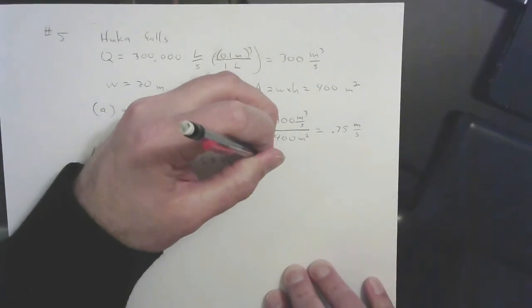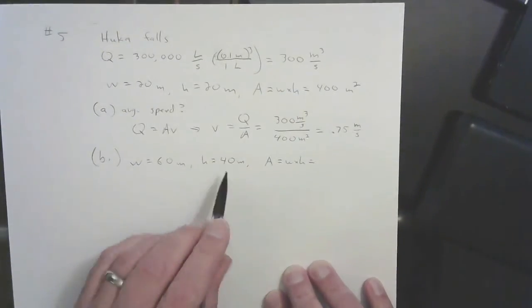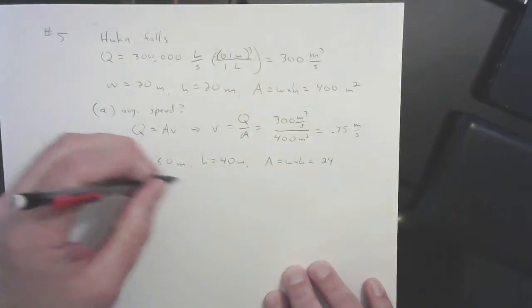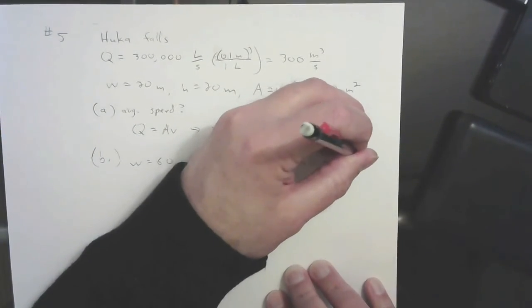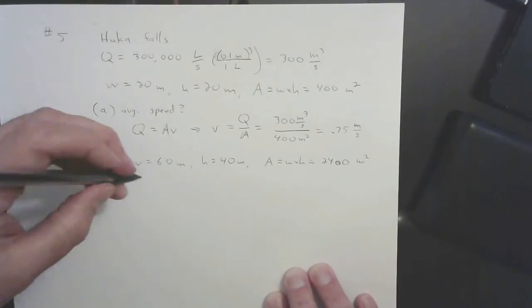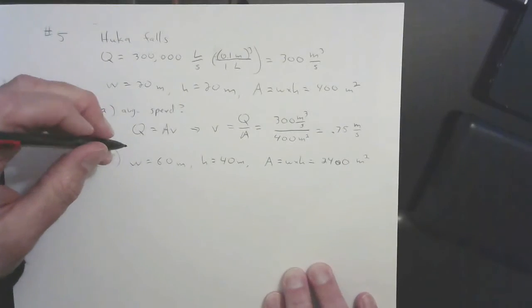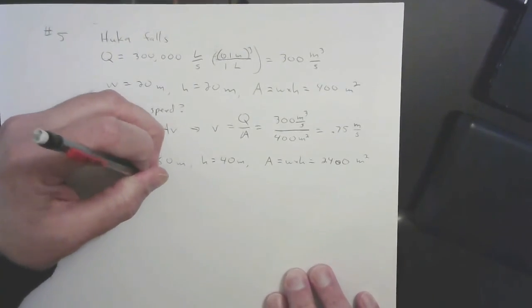The area is width times height, 2,400 square meters. What's the velocity in this new configuration?